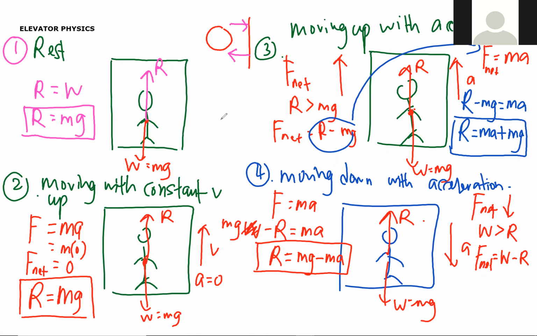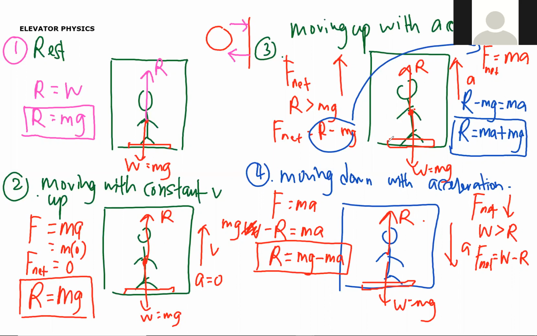Now if I were to put a weighing machine, a weight balance, inside the lift, with a person standing on it in these four cases. Listen here, the reading on the weight balance is the R, not the mg, not the weight.